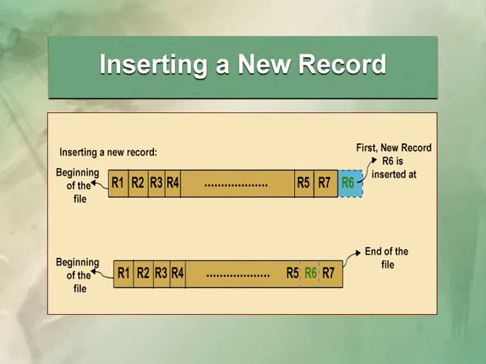Let us see the diagrammatic view of inserting a new record. Here you can see the original records R1, R2, R3, R4, then R5, R7. I want to insert record 6 over here. What it does is store all the records on a new file till R5, then copy R6, then follow with R7.